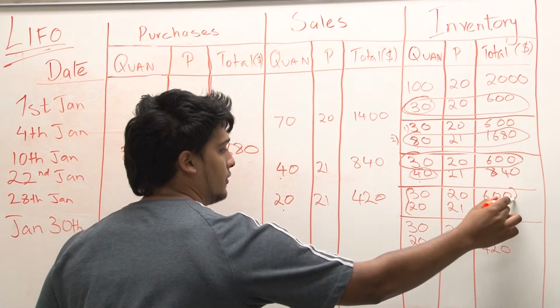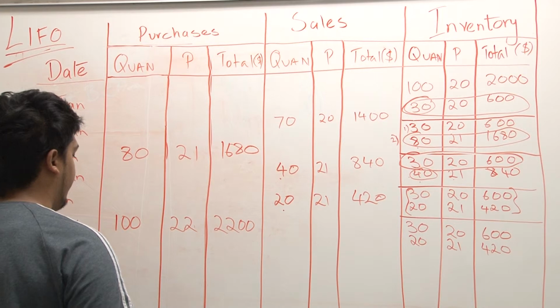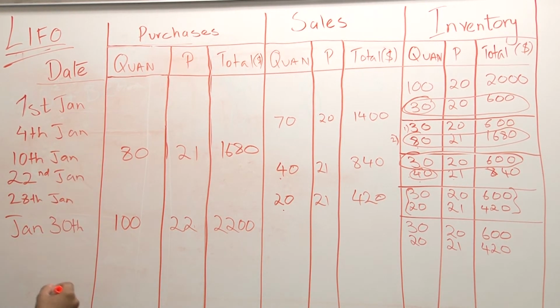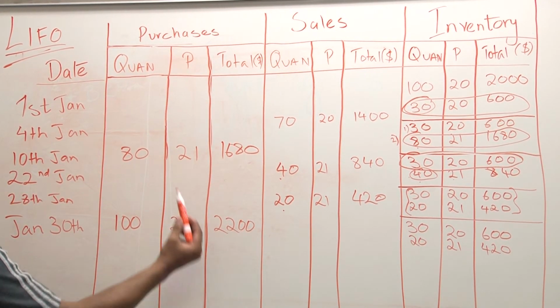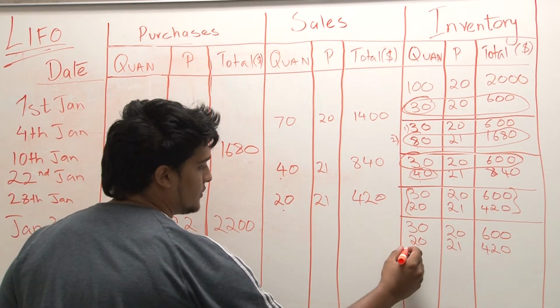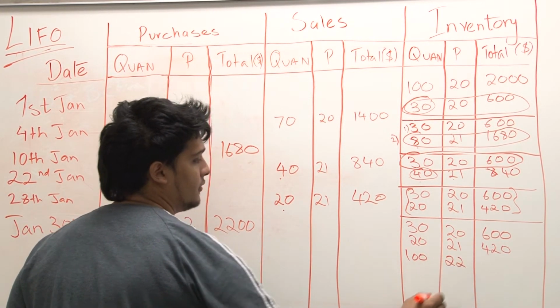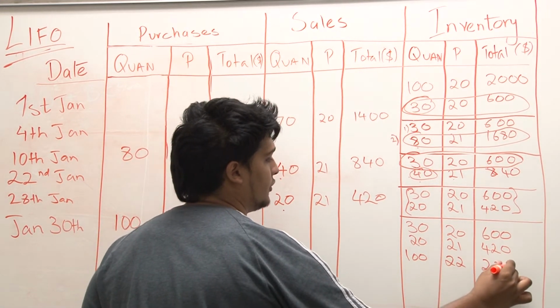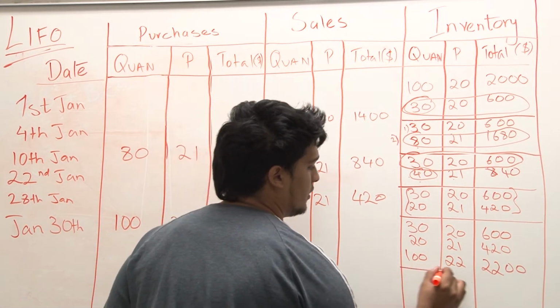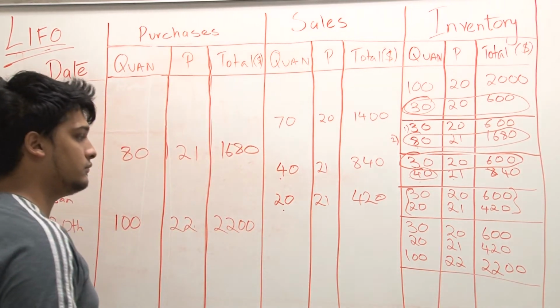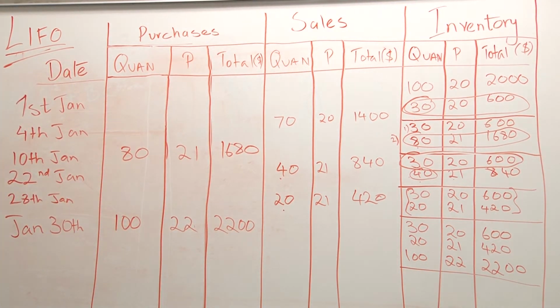These both come down copied. Now the purchases, obviously, as I told you, make my inventory go up, which means I have 100 and 2200. Close the transaction.